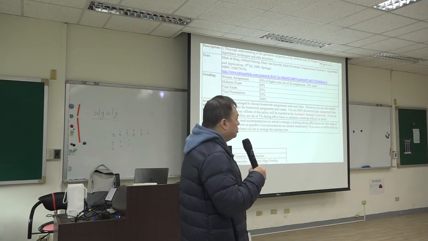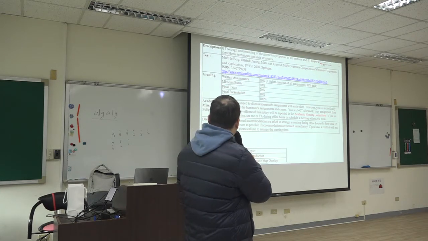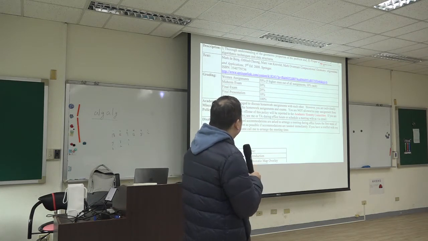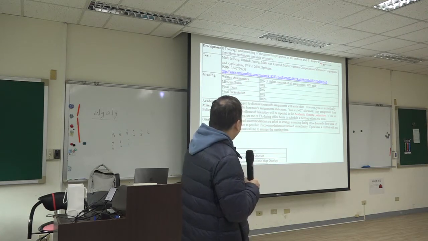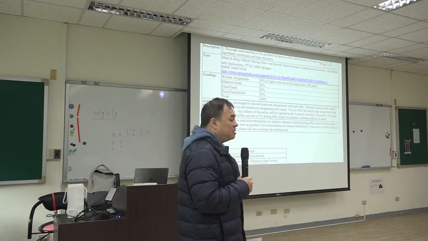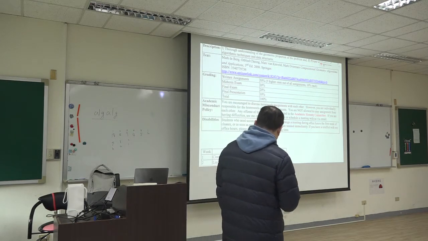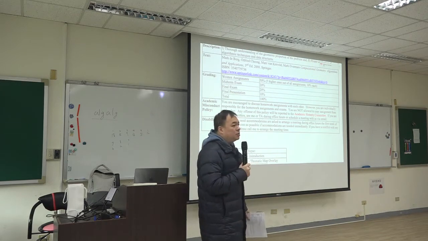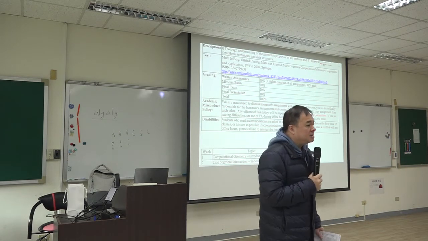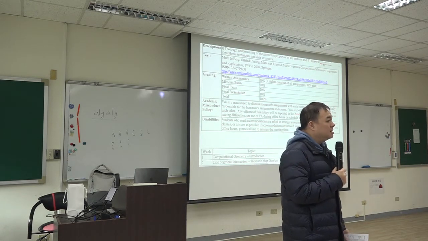Then you are going to do the presentation at the end of the semester, which will account for 10% for the final presentation. So any question with this grading policy? I think this is important, right?